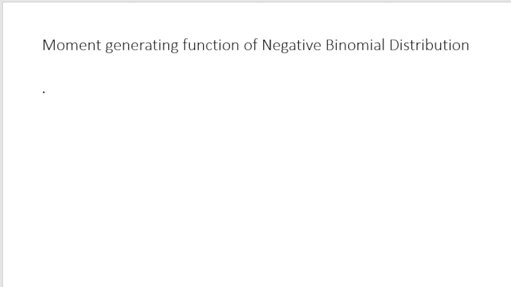So let's start. Before I write the moment generating function, I hope you remember the probability distribution in the case of the negative binomial distribution, which is also a discrete probability distribution. That is given by B star, we have used this notation, B star (x; k, p), where p is the probability of success and k is the number of successes in x number of trials.